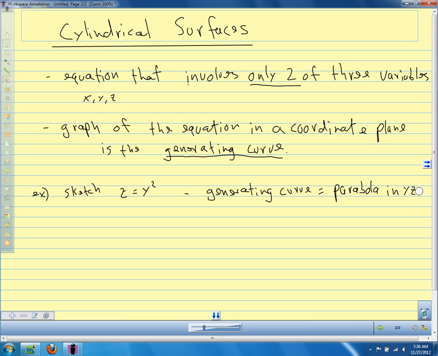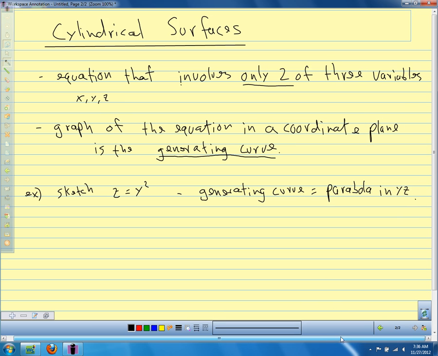One of the difficulties when we're talking about surfaces is we're so used to thinking in the plane that it's hard to expand our vision of what we're doing. So if we were to sketch this, I'm going to draw my coordinate axes here. We have y, z, and x. In the yz plane, we have this nice parabola, like so, my generating curve.